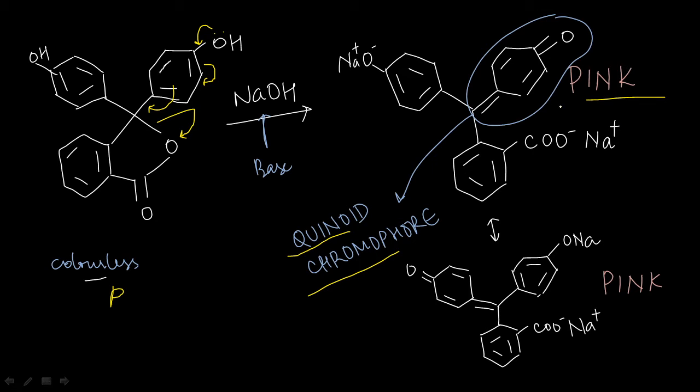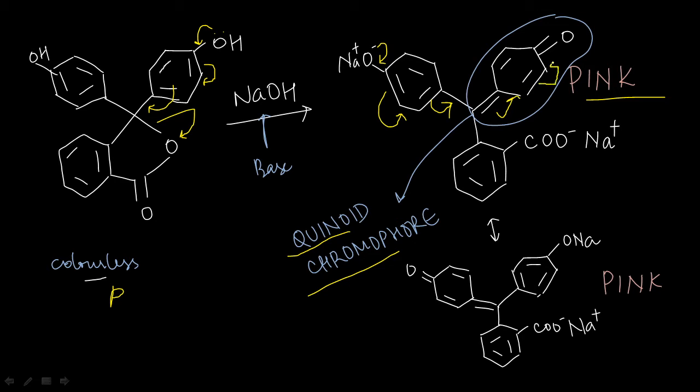Now what we can do is, alternatively, the other ring can also be converted to the quinoid form, right? So what we have here is oxygen giving electrons, this bond breaking like this, and this bond going here, and the double bond going back to the original ring.